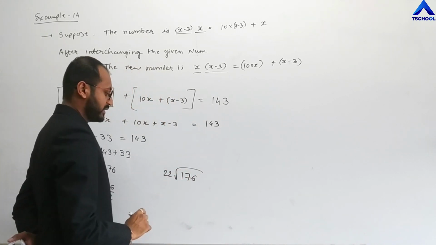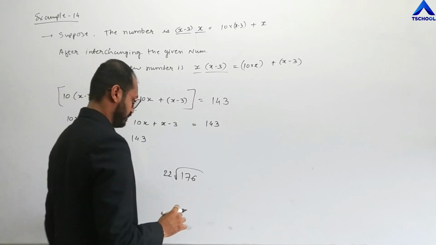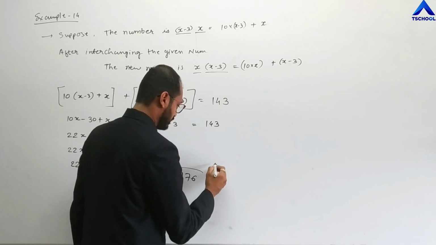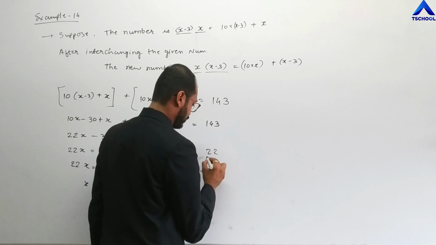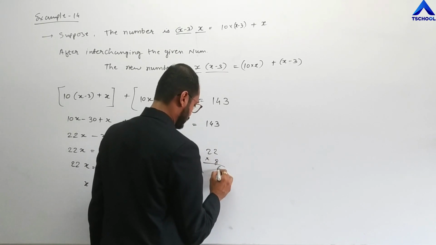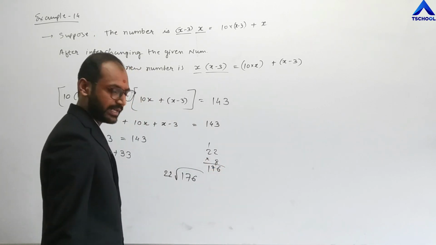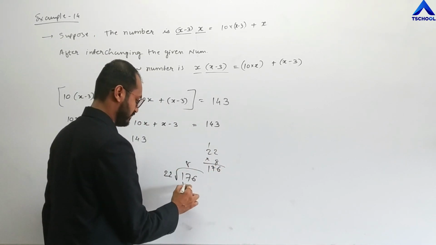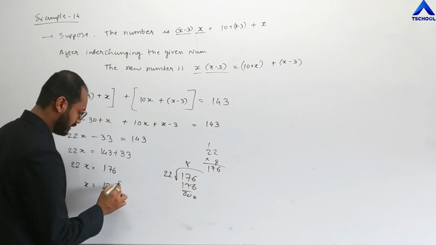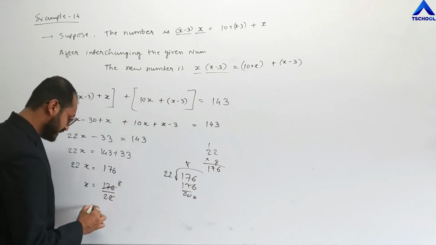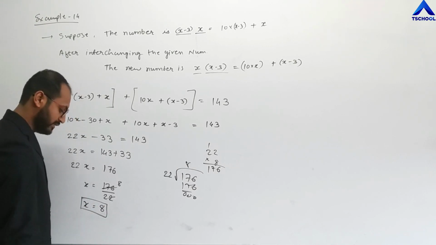Now what is the multiple of 22? 22 8s are, let us do this, 8 2s are 16, 8 2s are 16, 170, 176. So 22 8s are 176. So here this division is 8. So what is the value of x? x equals to 8. Clear?